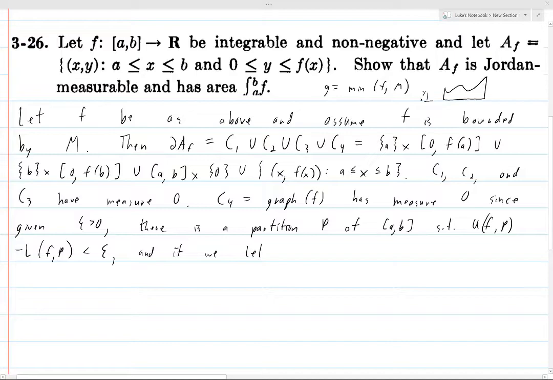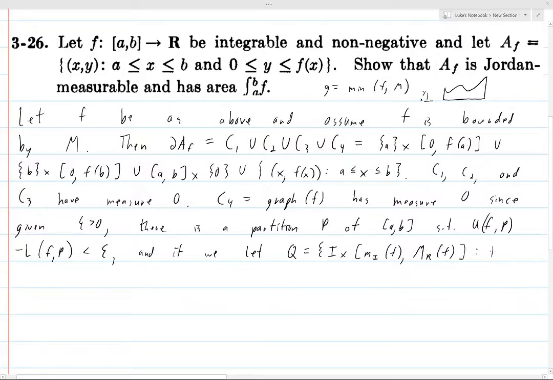And if we let Q be a collection of sets, so P is a partition of [a, b], and we're going to consider intervals in this partition P. So you take this interval I and you cross it with the infimum over this interval of f, and then the max over the interval of f.